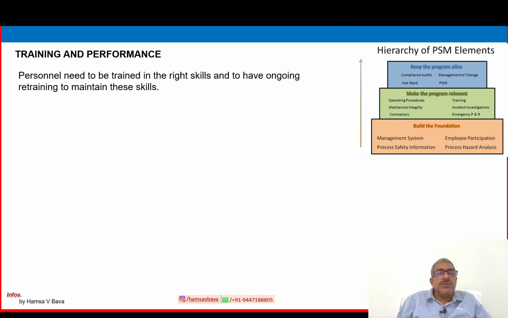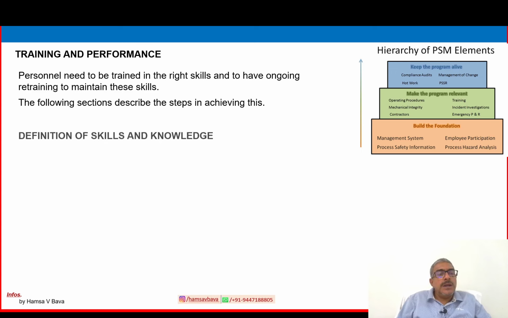So operators will get a clear understanding and improve their skills. The following sections describe the steps in achieving this.